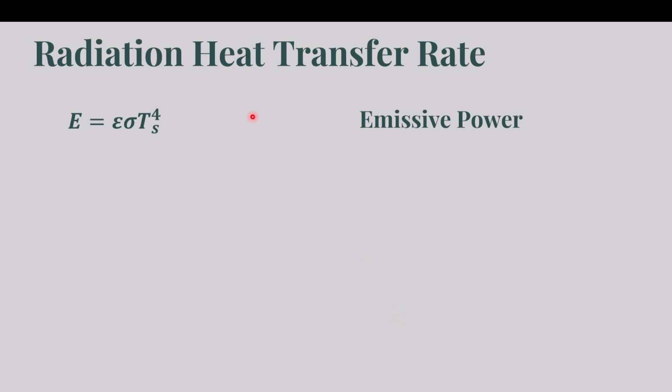And there are two formulas of radiation, and the first one is the emissive power. The emissive power is the heat transfer flux, the energy flux of those photons. So any surface that is at a temperature equal to Ts is going to send some amount of energy, and it is equal to epsilon times sigma times Ts to the power of 4.